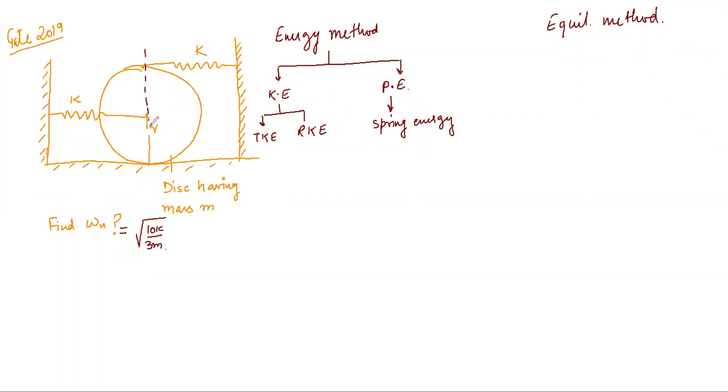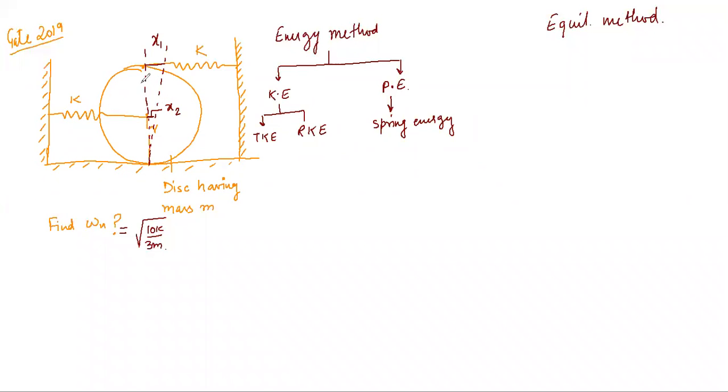Now suppose you have given a small displacement. When you give a small displacement, you can see that the upper spring has x1 displacement and the lower spring has, suppose, x2 displacement, right?